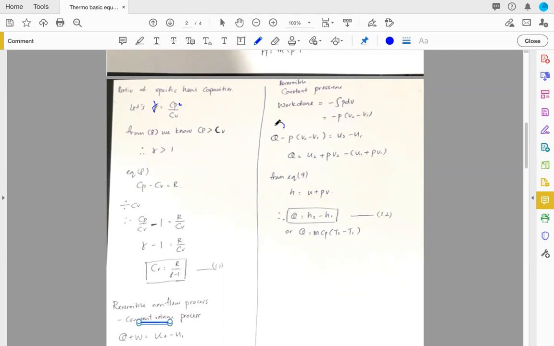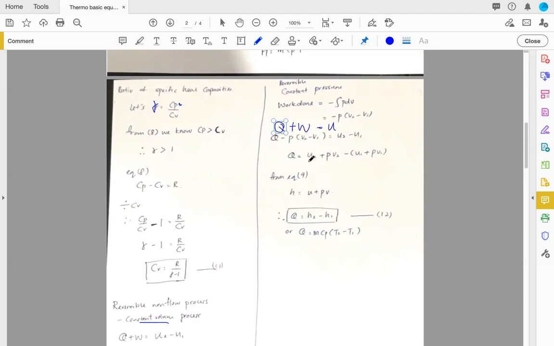Again, back to Joule's law, Q plus W equals delta U. Because the work done by the system is negative, we put everything in there and rearrange this equation into U2 plus PV2 minus U1 plus PV1.